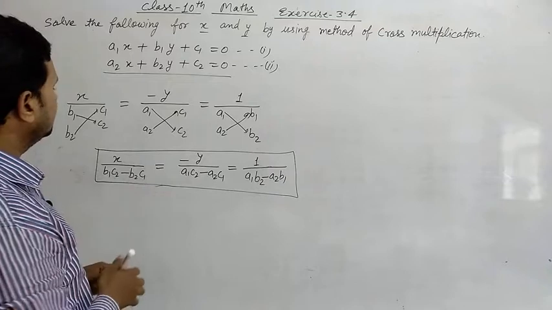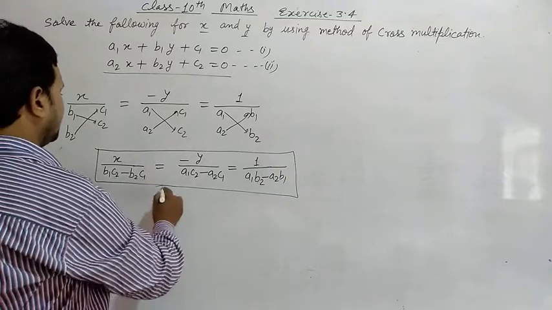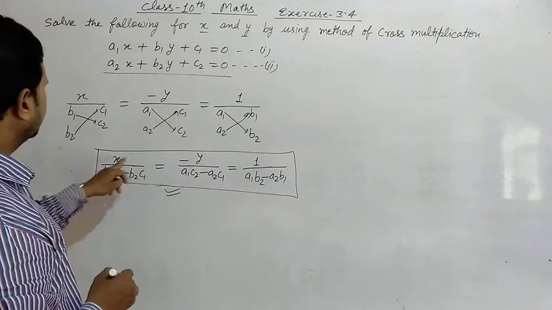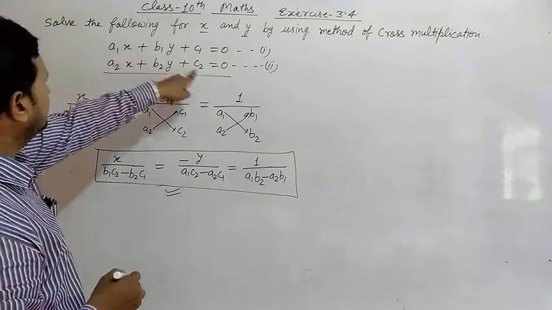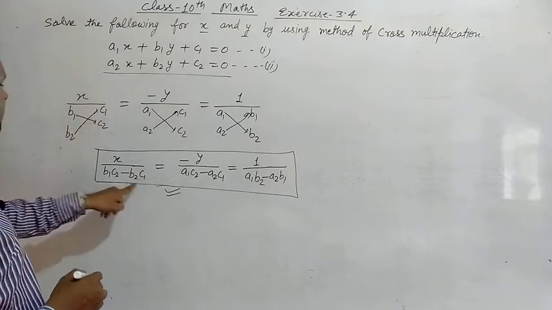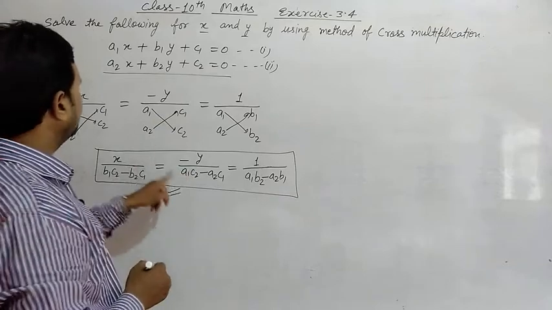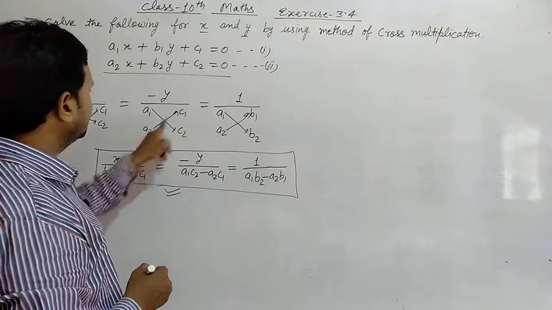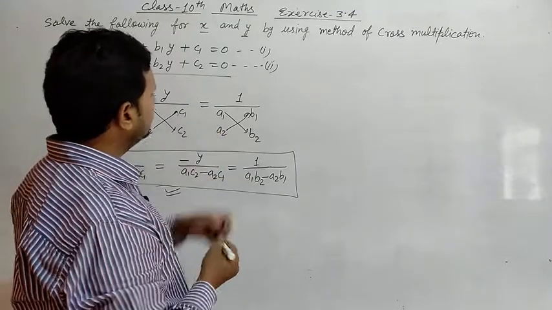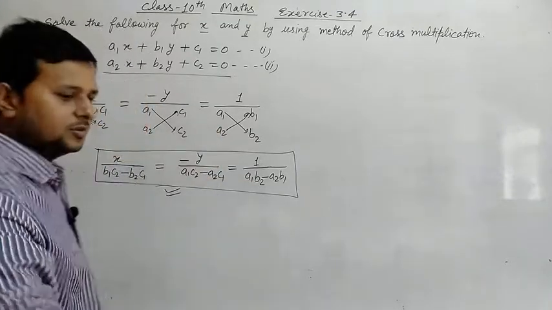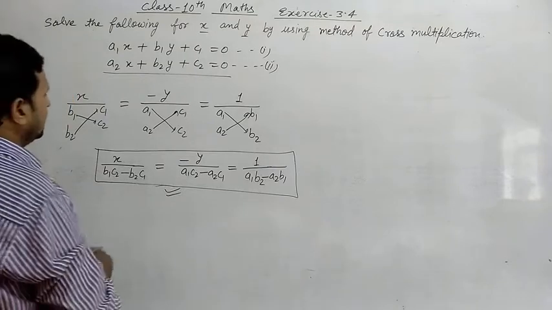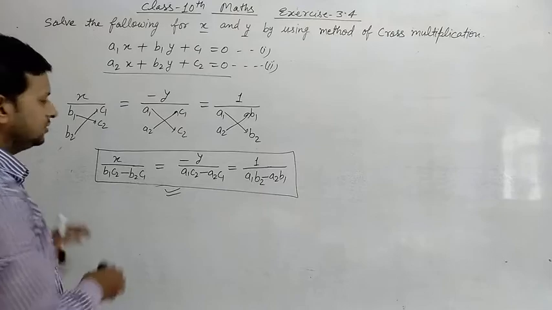This is the formula you have to apply in all the questions of this exercise. x upon b1 c2 minus b2 c1, and here minus y upon a1 c2 minus a2 c1, and here 1 upon a1 b2 minus a2 b1. So you can write it in your notes. Again we solve the exercise.